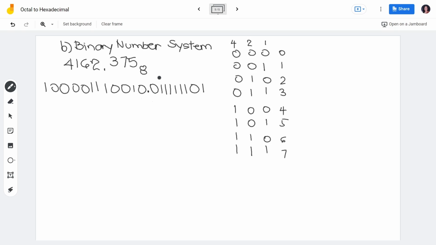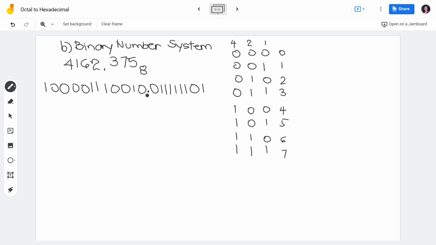Next, what are we going to do? This is already the binary number system, so we're going to convert it into hexadecimal. How are we going to convert binary to hexadecimal? Since a hexadecimal digit is composed of 4 digits in binary, we're going to group these digits into 4s.